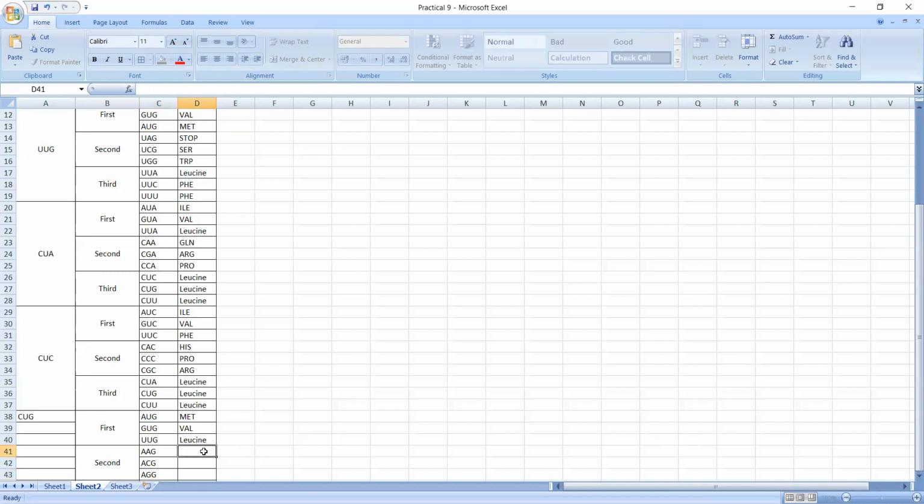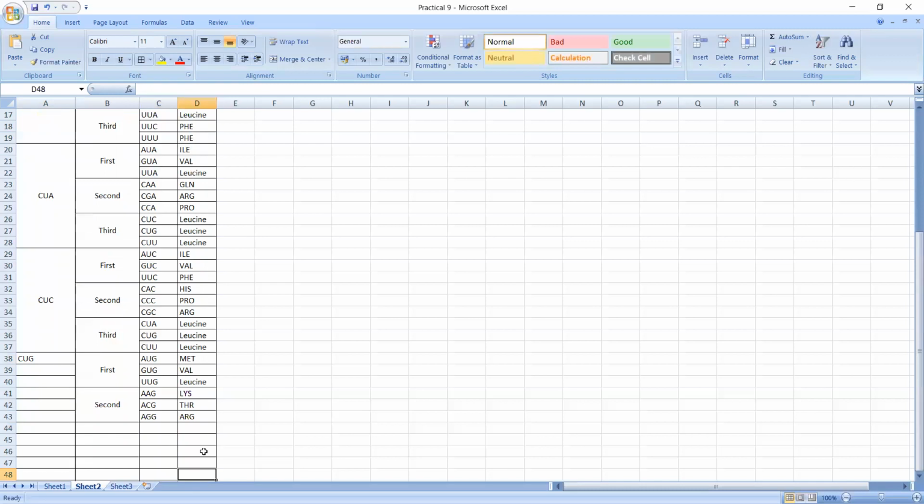So what is AAG? AAG codes for lysine. I will write LYS only. And ACG codes for threonine. I will just write THR. AGG codes for arginine.